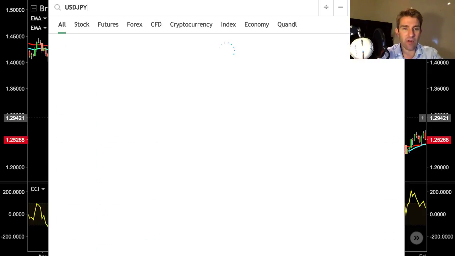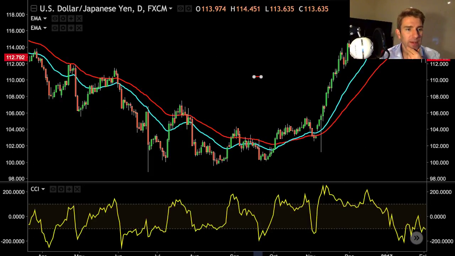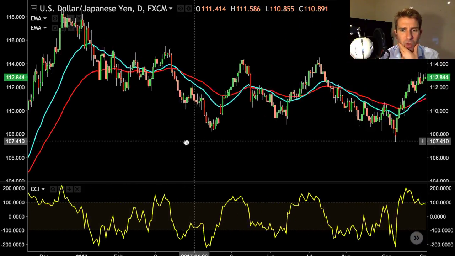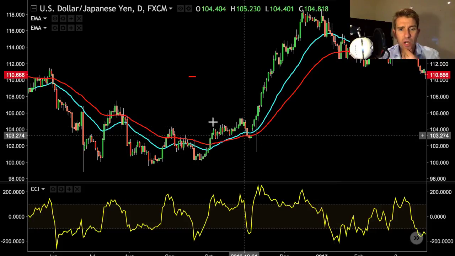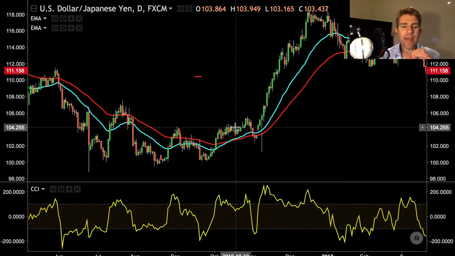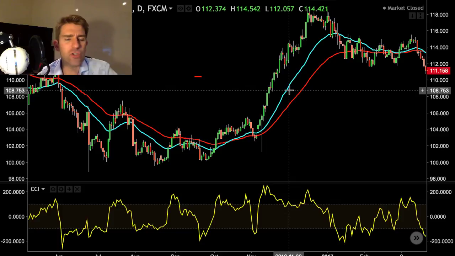Let's have a look at another currency pair like the US dollar JPY. I've got the drawing pen up. Let me move across a little bit. So we've got a cross here, and actually this is why I've used a slightly wider moving average. The initial settings were something like 9 and 19, and they were just too tight.